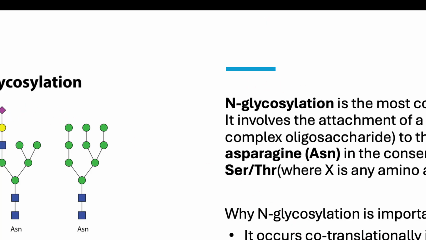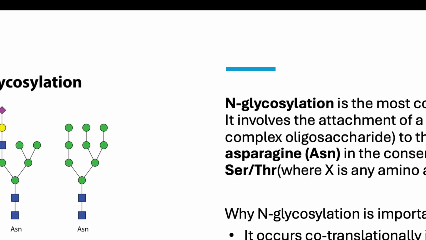And why is this important? It occurs co-translationally in the endoplasmic reticulum and continues in the Golgi apparatus. It helps in protein folding, stability, and cell recognition. It is essential for the function of many membrane and secreted proteins. So where does this N-glycosylation happen? It happens in the rough endoplasmic reticulum, which harbors the ribosome, where co-translationally, once the nascent polypeptide is translated, side by side it is also undergoing glycosylation in the ER.